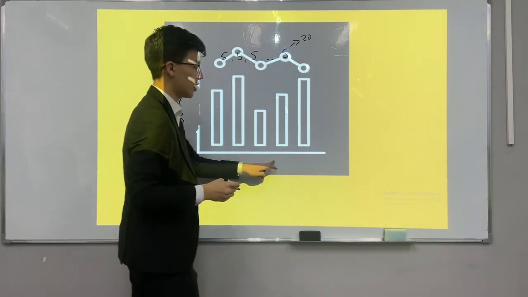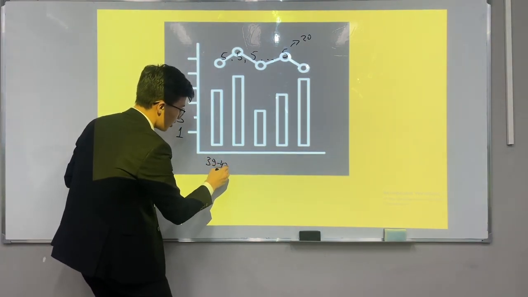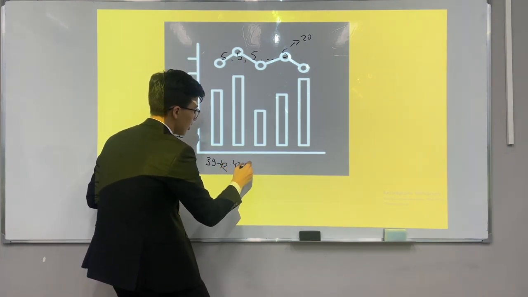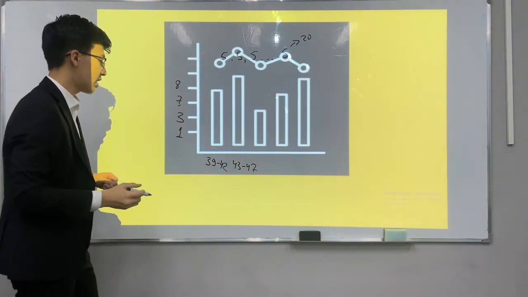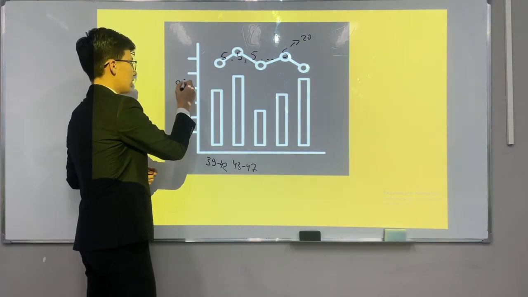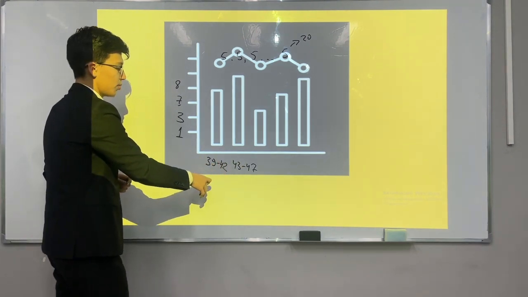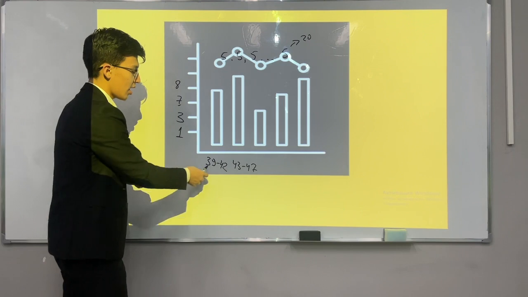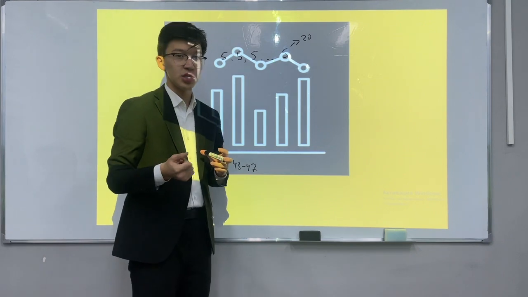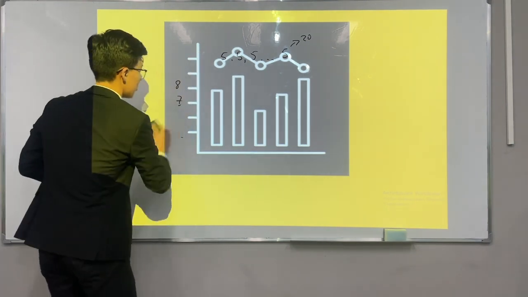Here we can write the weights of our students, for example, between 23 and 27, and here you can see the 8 students who weigh in this interval. This is just an example which I imagined.